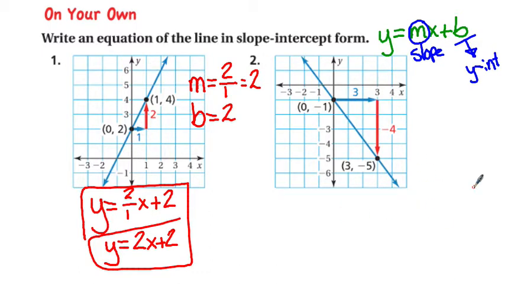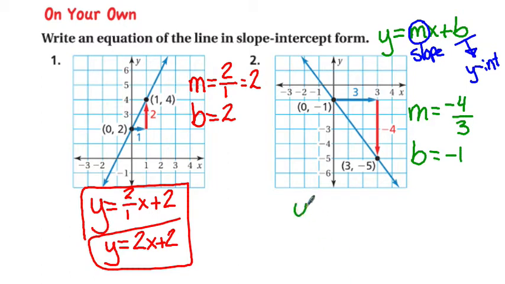Likewise, for this problem, the first thing I need to do is find the slope. I go down 4 and right 3, so my slope is negative 4 thirds. My y-intercept, where I cross the y-axis, is at negative 1.